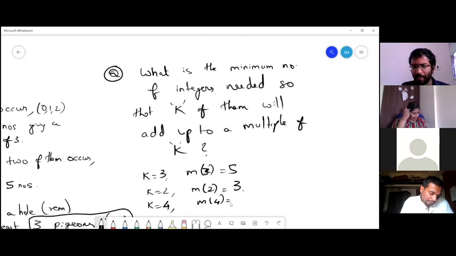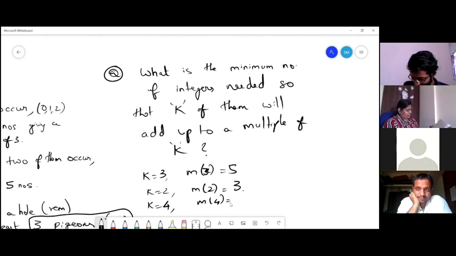So M of 4 is 7. I get a feel that this is 7. Okay, yeah, it should be 7, I think, because it should be greater than or equal to 7. I can get 6 integers without having 4 of them with this property. So it should be 7 or greater.